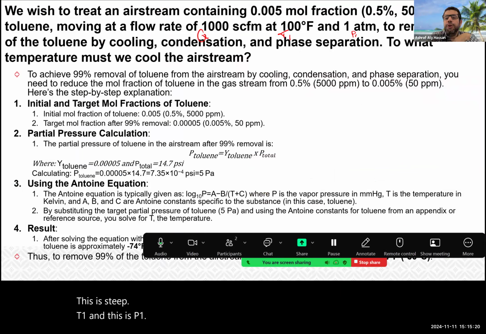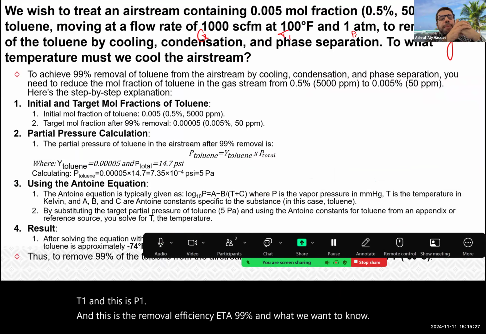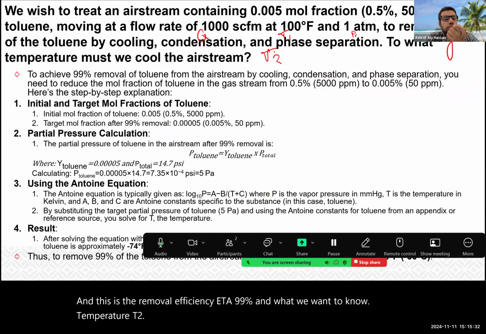And this is the removal efficiency, eta, 99%. And what we want to know is the temperature, T2, that we can use to do this.